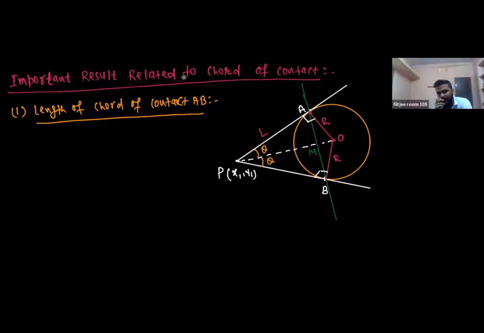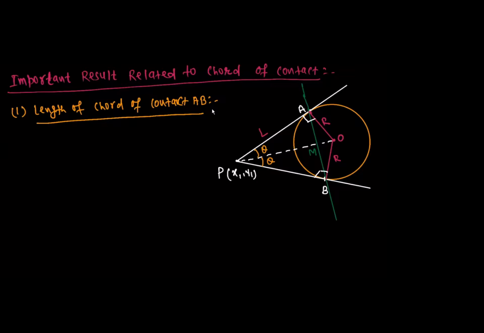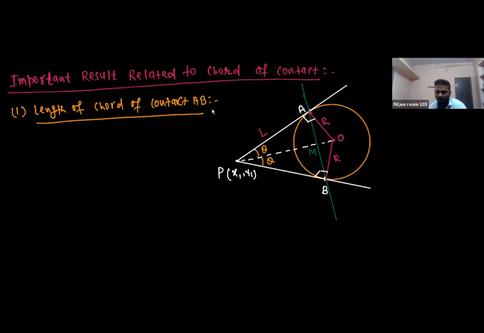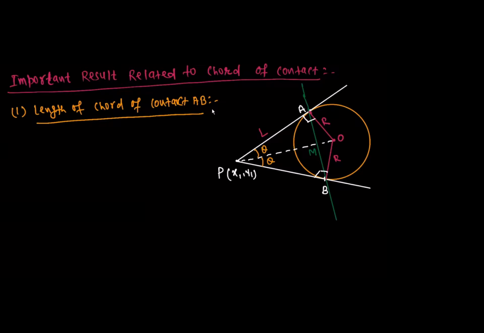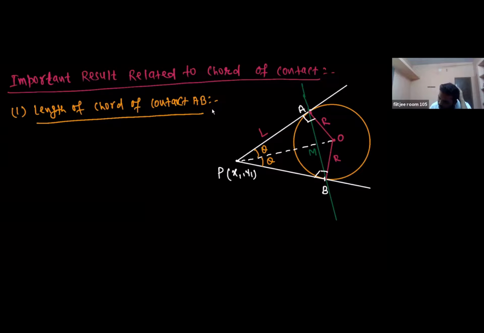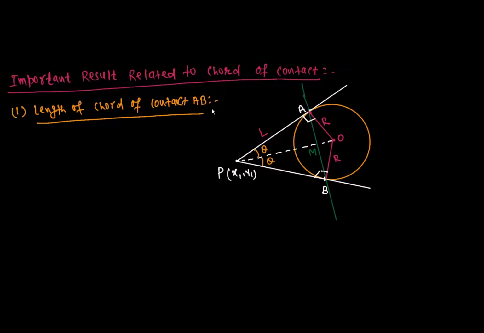How are you saying 90? Any reason, or directly you are saying 90? Like we can prove it by congruence, sir. PMA will be congruent to PMB, sir. Correct. And then AM will be equal to MB.